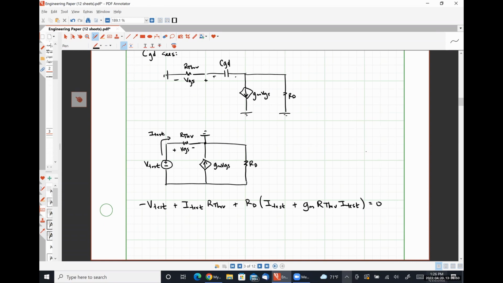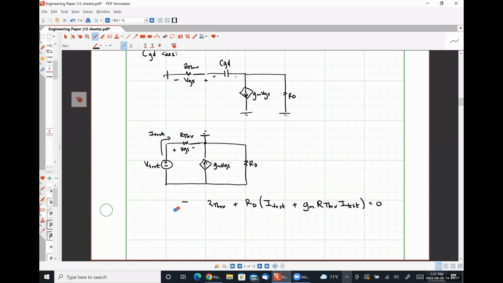The only potential issue if we did mesh analysis here would be that dependent source in the middle. But that's really actually not going to mess things up. Let's scratch this. Let's do mesh analysis so that we don't have to worry about that ground and see what falls out. I'd be willing to bet we're going to get the exact same result, but it'll be a more robust solution where there's less ambiguity. Okay.